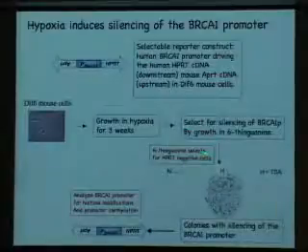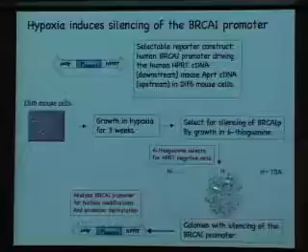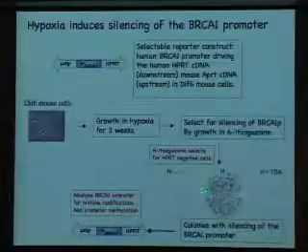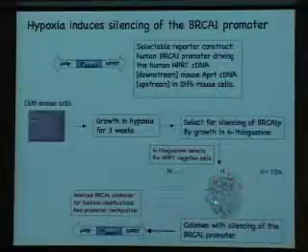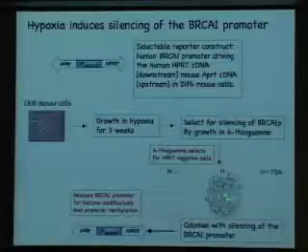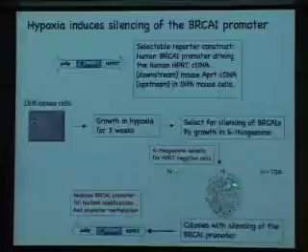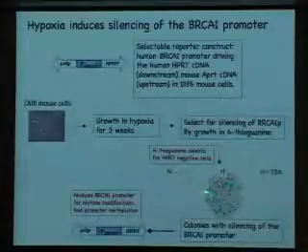Now you take them out of hypoxia, so cells were in hypoxia, now they're in 6-thioguanine, and you see you're selecting for colonies. Now this is out of millions of cells, so the frequency is low. But the point is, a lot of these cells now have, in a long-term way, downregulated or silenced the BRCA1 promoter.